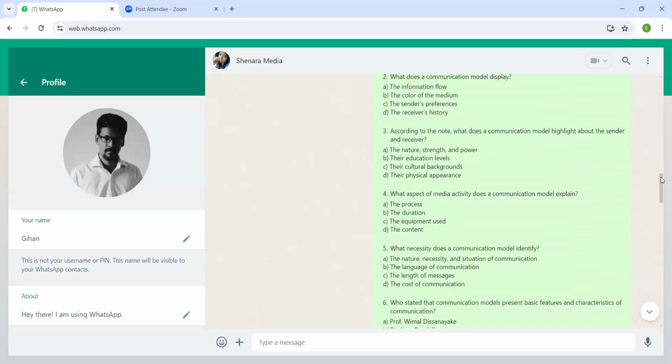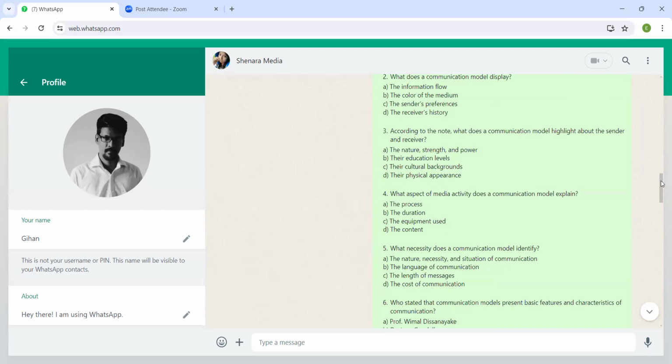Duration means usually we do classes every day, 40 minutes. That's a duration. The equipment used, they don't always talk about equipment. The content means the message, they don't always speak about the message. But the process, they discuss the process every time, in every model.